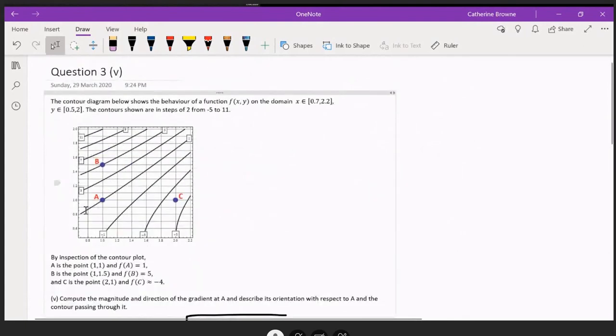So it's normal to this contour here, in the direction of increasing contours, because our contours are increasing in this direction. So I guess it would be pointing in that direction there.